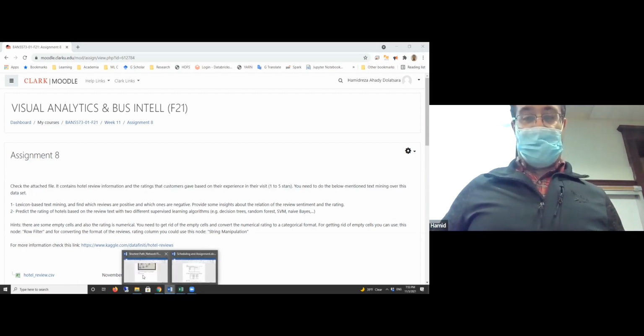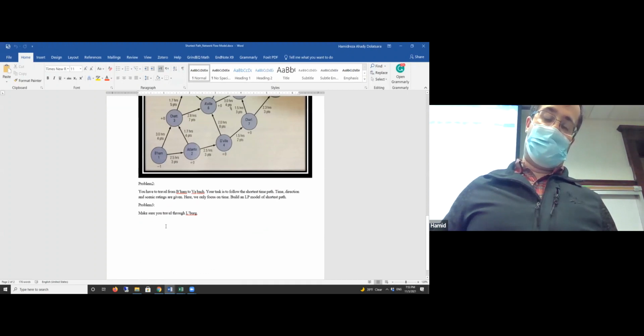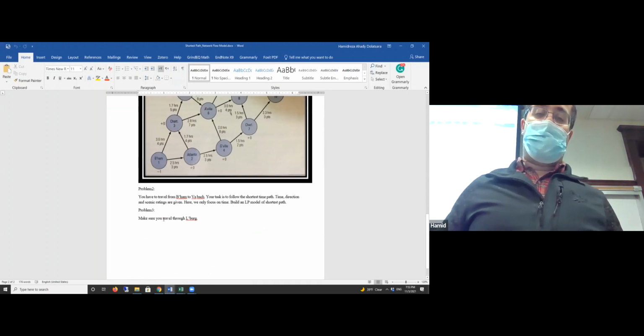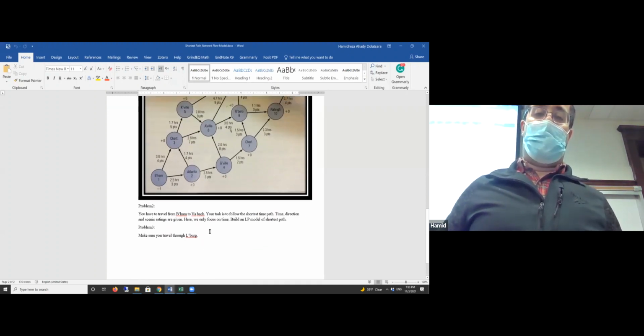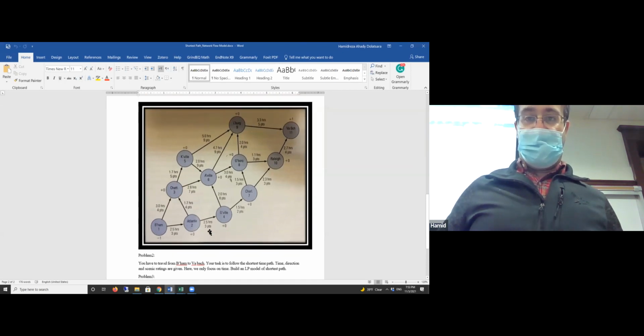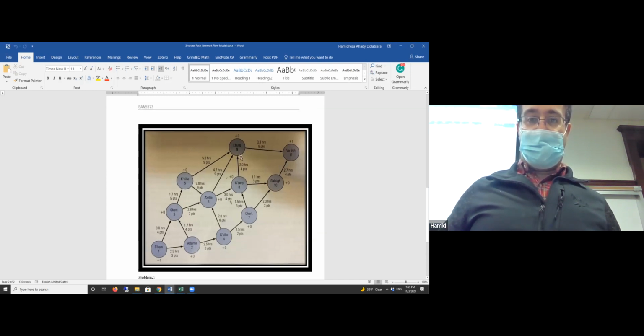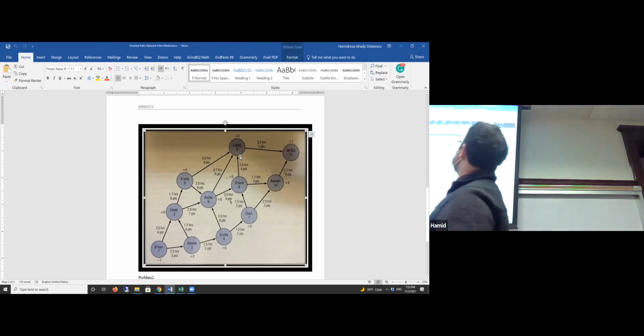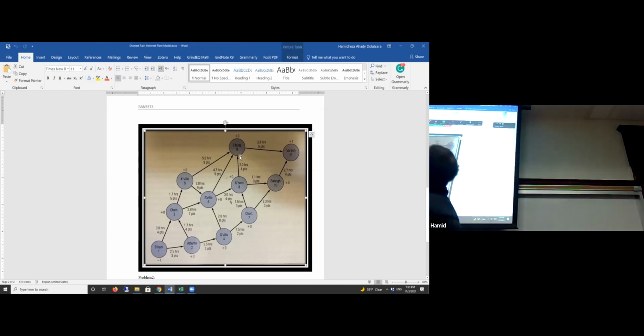Okay. Let's look at the last problem. Make sure you travel through Elberg. Where is Elberg? Here, top. So this is Elberg. What does it mean that you should go through that city?